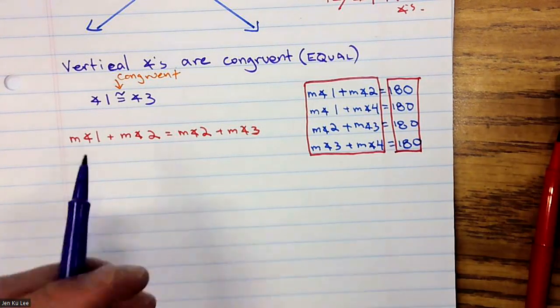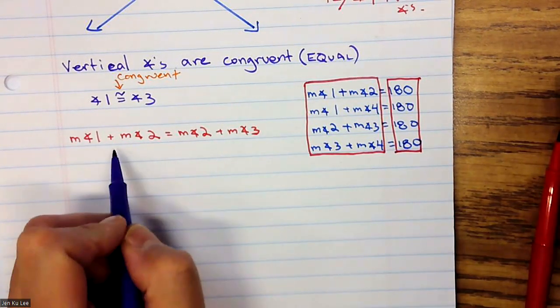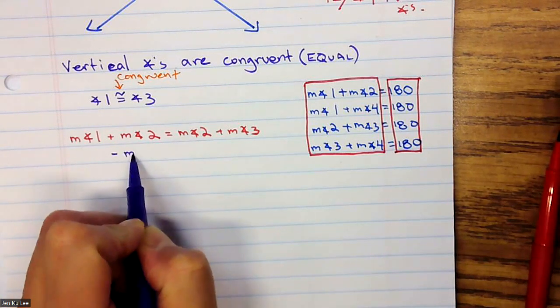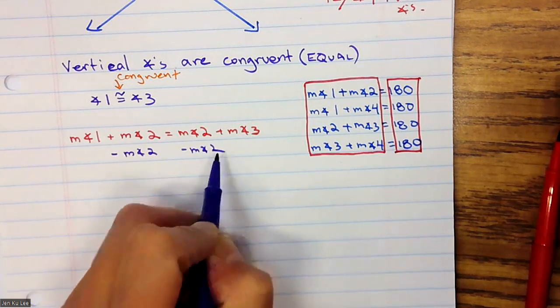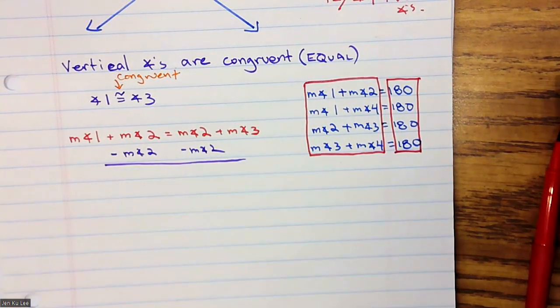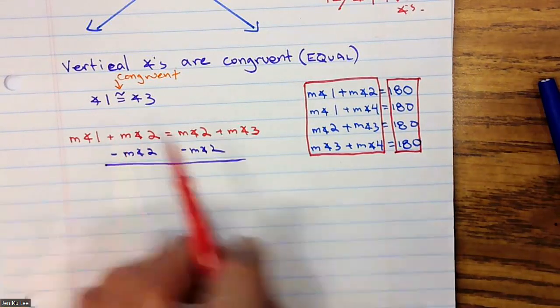Now notice that if I just do some algebra here, I'm going to subtract the measure of angle 2 from both sides. I can do that because we're subtracting the same thing.